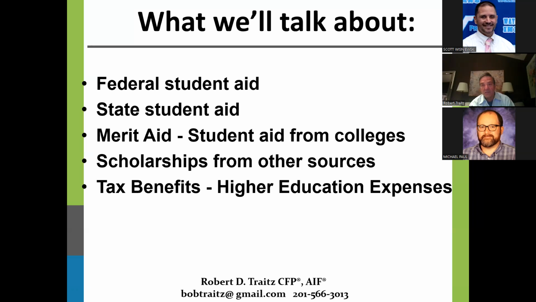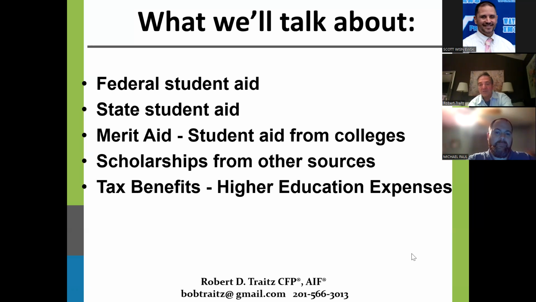There's a lot to go around, and that's really the area that I would focus on the most. It is the most logical step to getting financial aid. Outside scholarships, well, your guidance counselors can tell you about scholarship night, which typically will happen in the spring of '23. And of course, there are some tax benefits that are available. I'll mention them a little bit later.